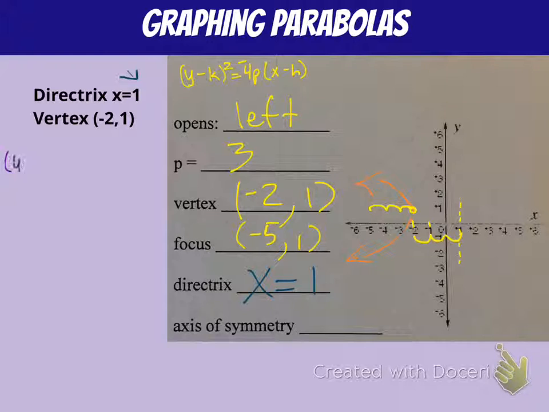Open parenthesis, y minus the k. That's our second coordinate of the vertex, and that's going to be minus 1, squared, is equal to 4 times p. And what is p? It is 3. And let's not forget, it is also negative.